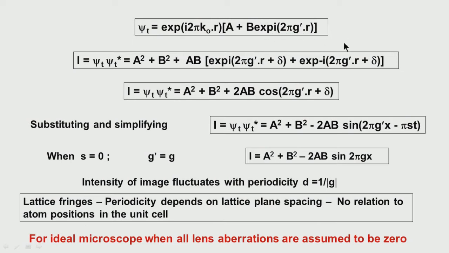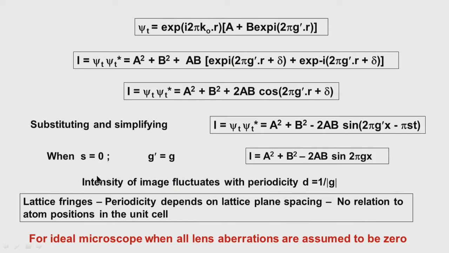We allow the primary beam and the diffracted beam to join together, and when they join, they give rise to an interference pattern. The spacing of that pattern is essentially dependent upon the g vector of the diffracted beam.